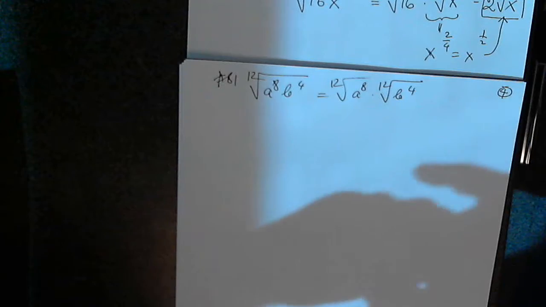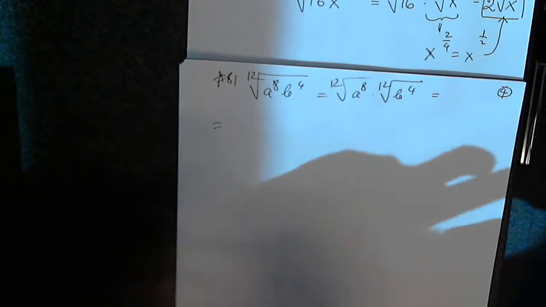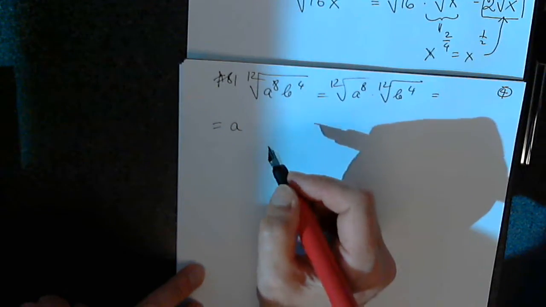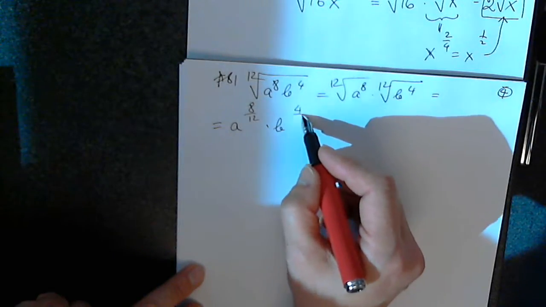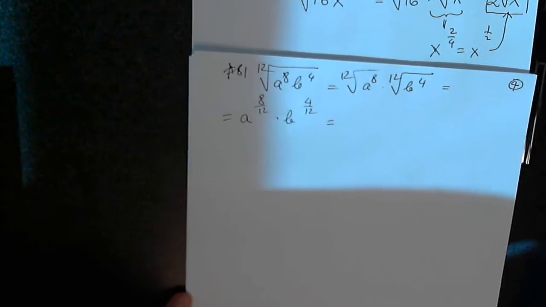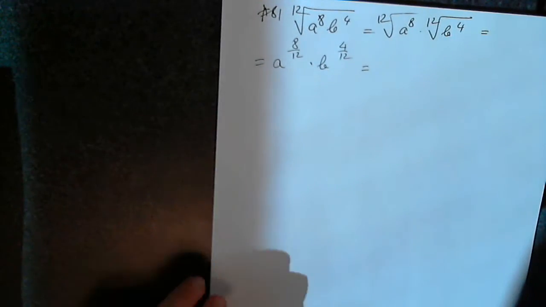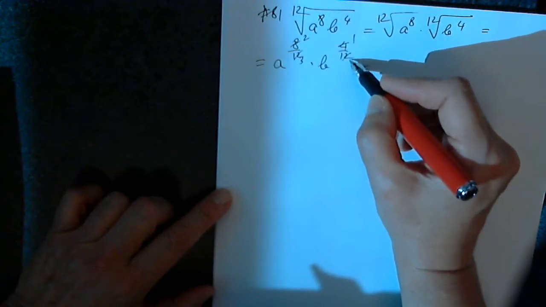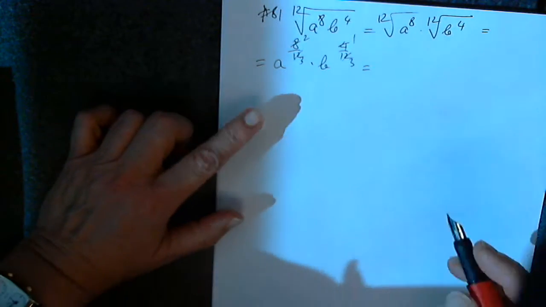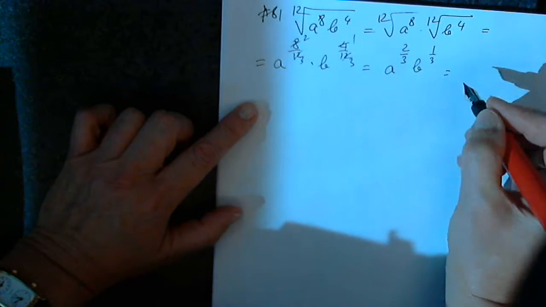Then I will change the first one into a to which power? And b to which power? And I will simplify those fractions now. How much is 8 over 12 simplified by? Very good, 2/3 by 4 and 1/3. So now this is a to 2/3 and b to 1/3.